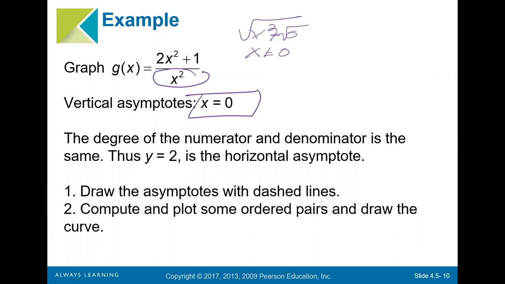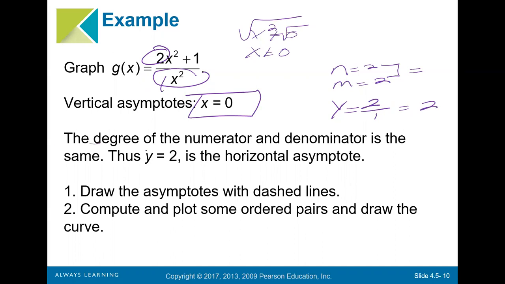What is the horizontal asymptote? Well, if you notice, the power of the numerator is 2 and the power of the denominator is 2. They are equal. Therefore, we're going to look at the coefficients. The coefficient on the numerator is 2 and on the denominator is 1. So I got 2 over 1, which is just 2.